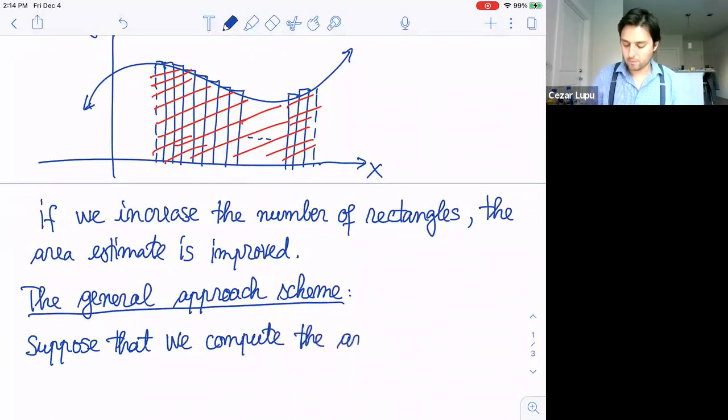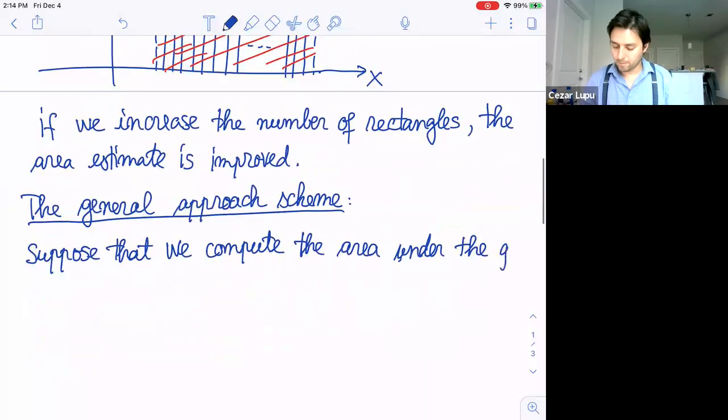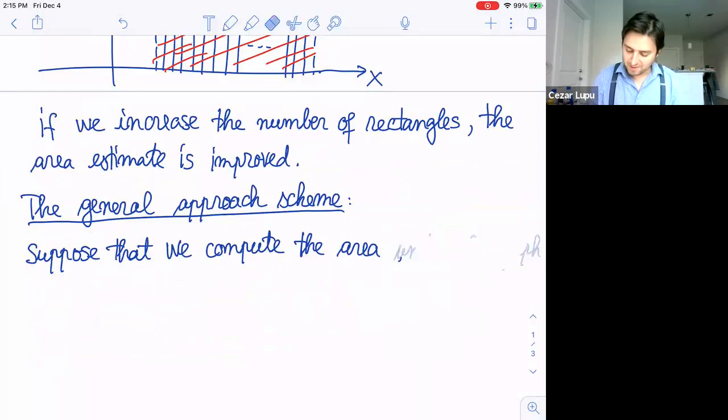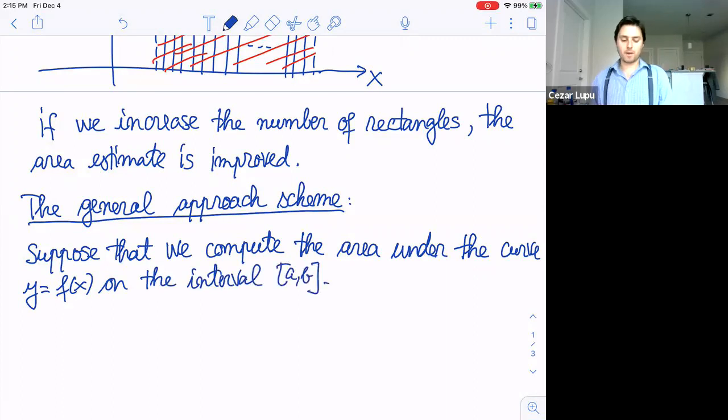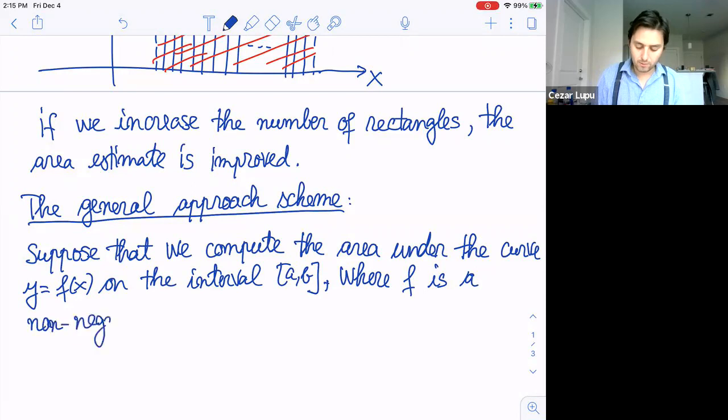Suppose we compute the area under the curve y equals f of x on the interval, let's say, AB, where it's important to say that f is a non-negative continuous function.